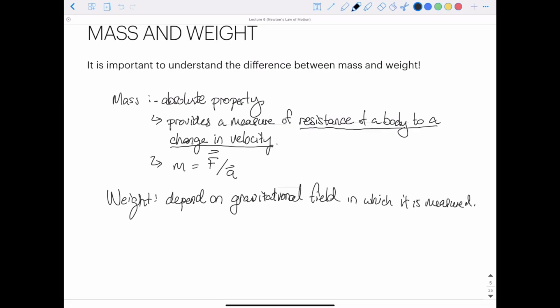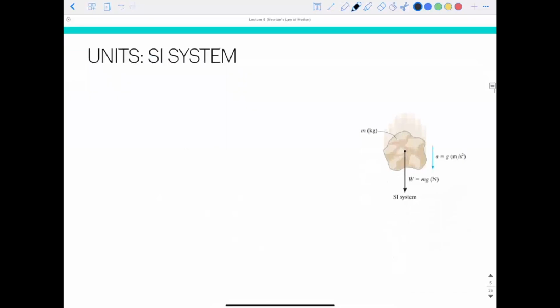So we define weight. It's also a vector, and it's just equal to the mass times gravity, or the acceleration due to gravity. So let's look at units quick.